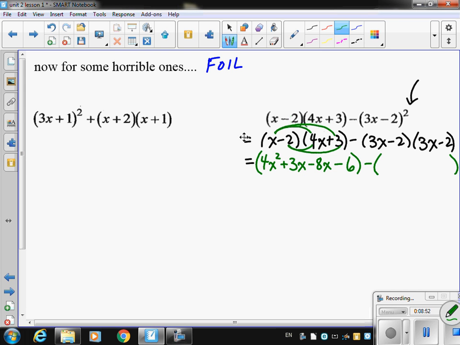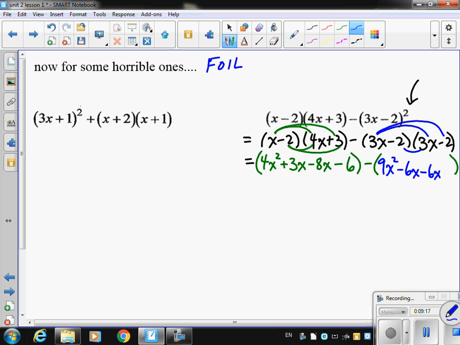3x minus 2 times 3x minus 2. So I have my firsts, 3x times 3x, 9x squared. Outside would be 3x times negative 2, negative 6x. Inside would be negative 2 times 3x, happens to also be negative 6x.